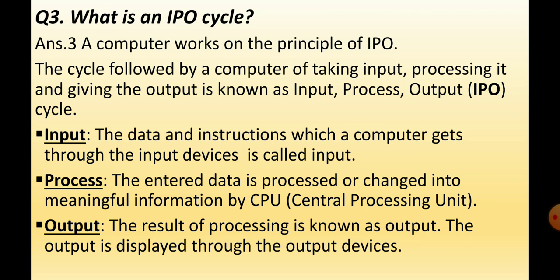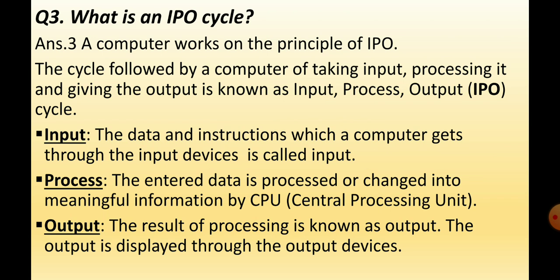Question 3. What is an IPO cycle? A computer works on the principle of IPO. The cycle followed by a computer of taking input, processing it, and giving the output is known as the input process output, or IPO, cycle. Now, input, process, output, each is described. The first one, input: the data and instructions which a computer gets through the input devices is called input.